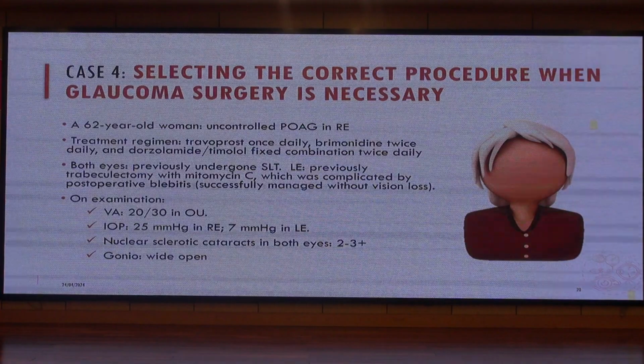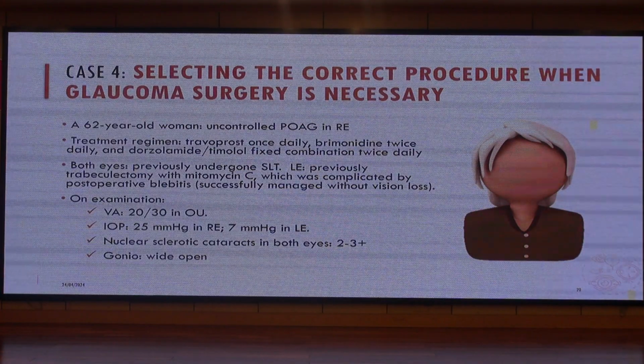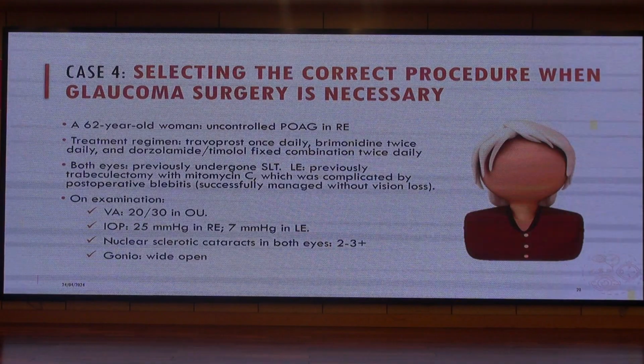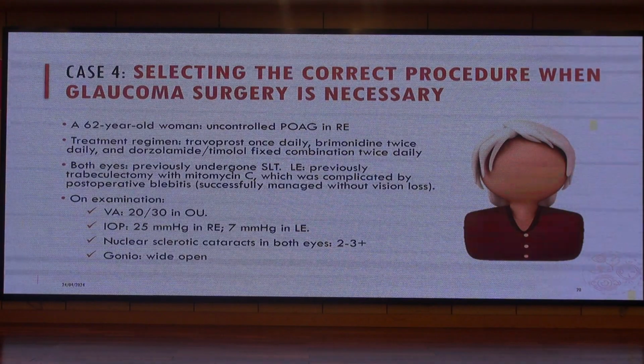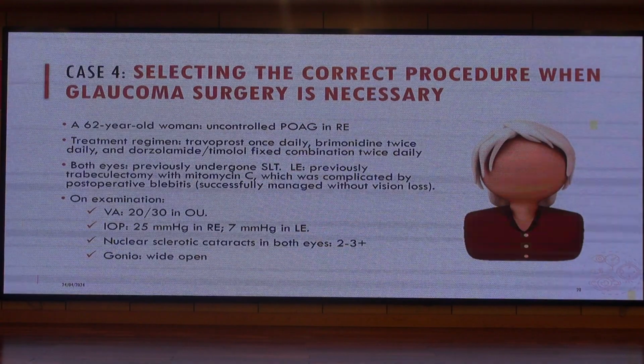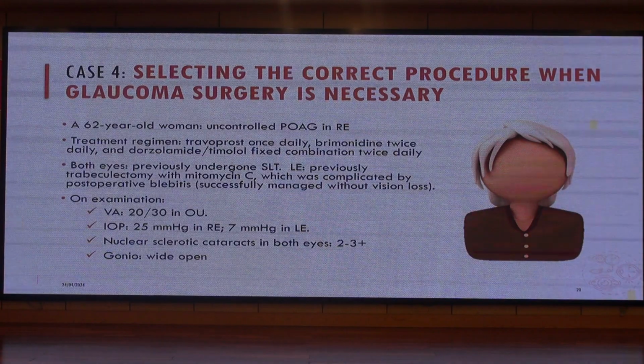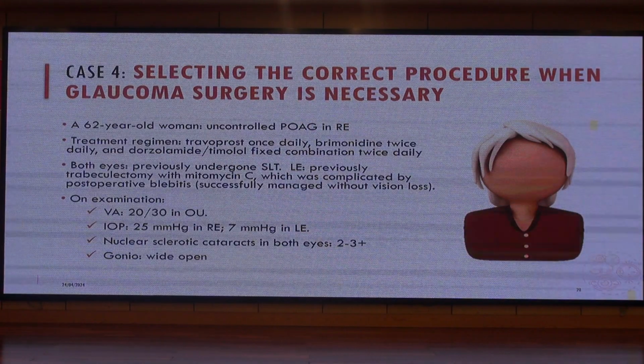Both eyes had SLT. The right eye had trabeculectomy with mitomycin C, complicated with post-operative blebitis. After that, she was successfully managed without vision loss.